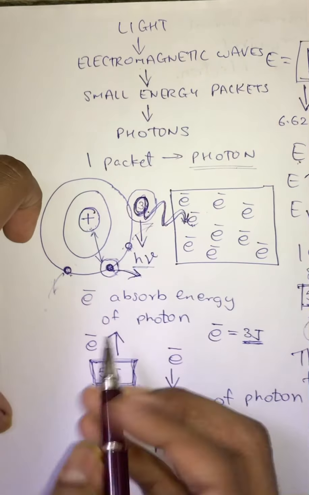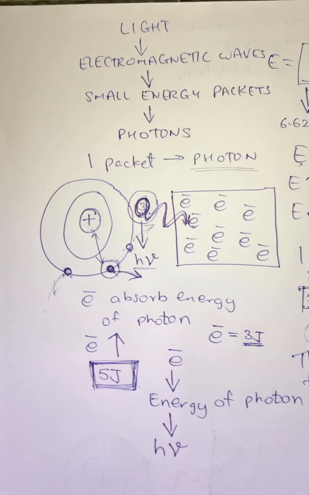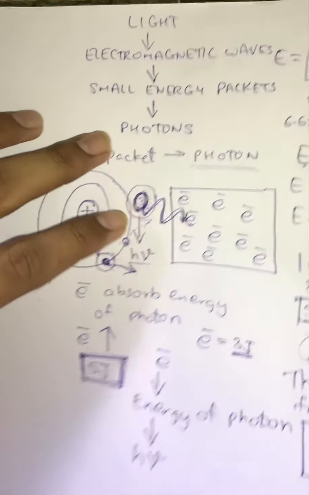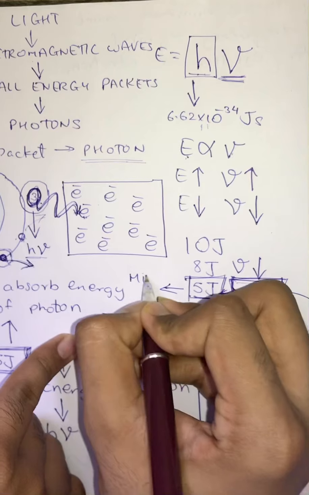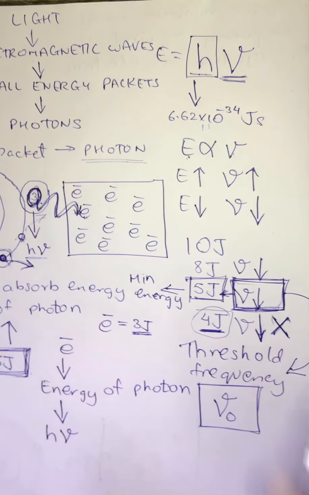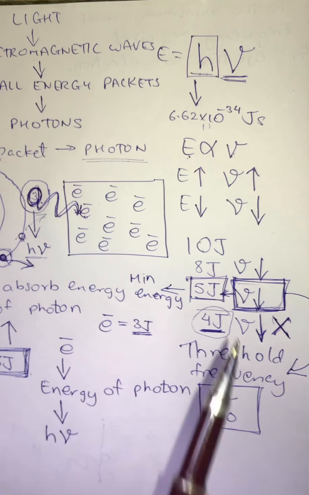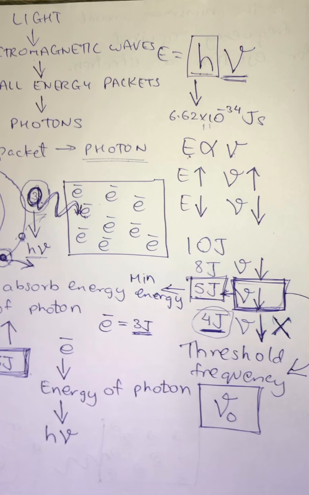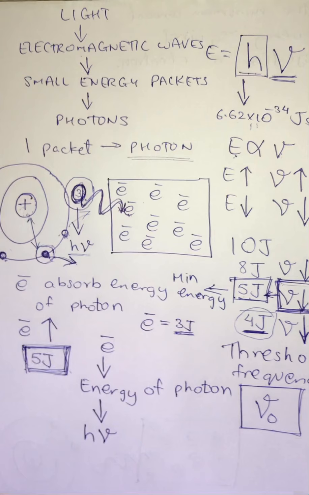This is the minimum energy required for our electron, that is the 5 joules, to overcome the force of attraction which we have assumed. Okay, so can I say this is our minimum energy required? So 5 joules is the minimum energy required. I am again mentioning these 5 joules we have taken for our understanding. This won't be 5 joules, it will be some other value. It depends on which metal you are taking and which light you are incidenting.